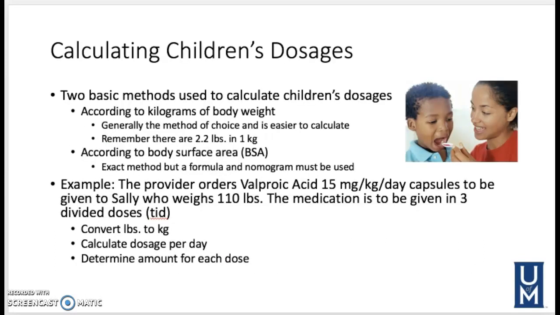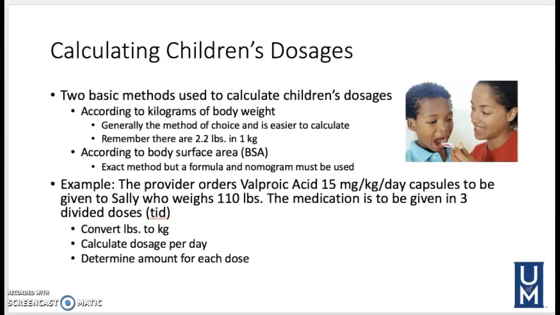So the same goes for calculating children's dosages. However, remember what we talked about: children have to have their weight considered because they're all different weights and different sizes. So there are 2 basic methods used to calculate children's dosages. We do it according to kilograms of body weight. This is generally the method of choice and it's often easier to calculate.